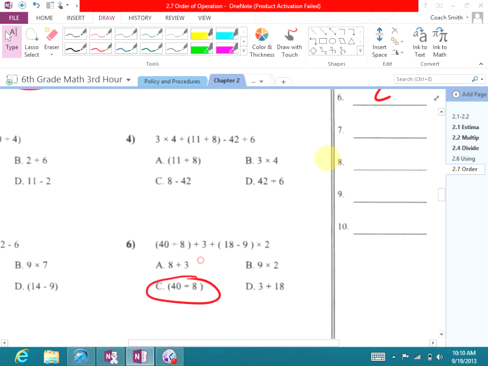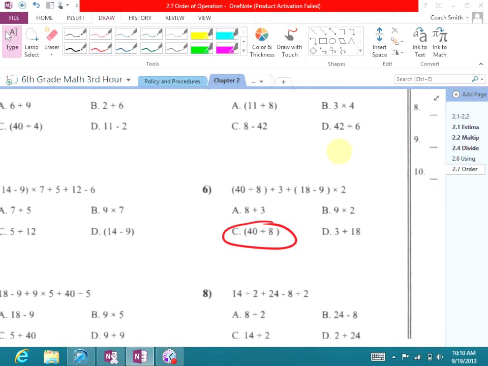Okay, now let's go back to number 6. The reason we do this one first, the reason that we would do the 40 divided by 8 first and not the 18 minus 9, is because you always move from left to right.